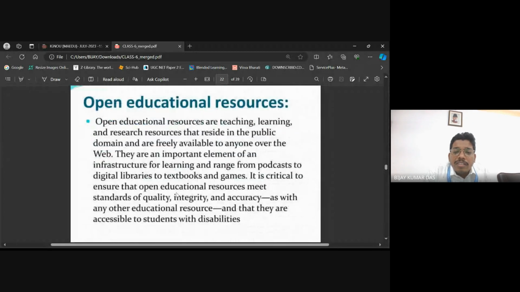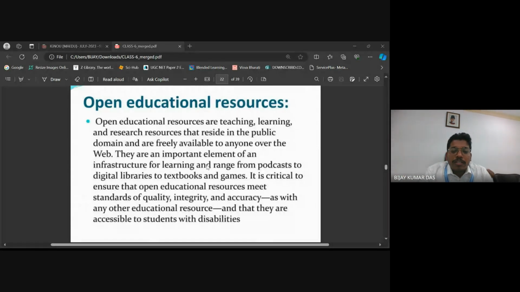And another modern trend is the open educational resources, right? In our day to day life, when we search an online portal, we are searching so many things and getting them downloaded. You can read it, you can download it anywhere, and we can use it without any kind of restrictions.